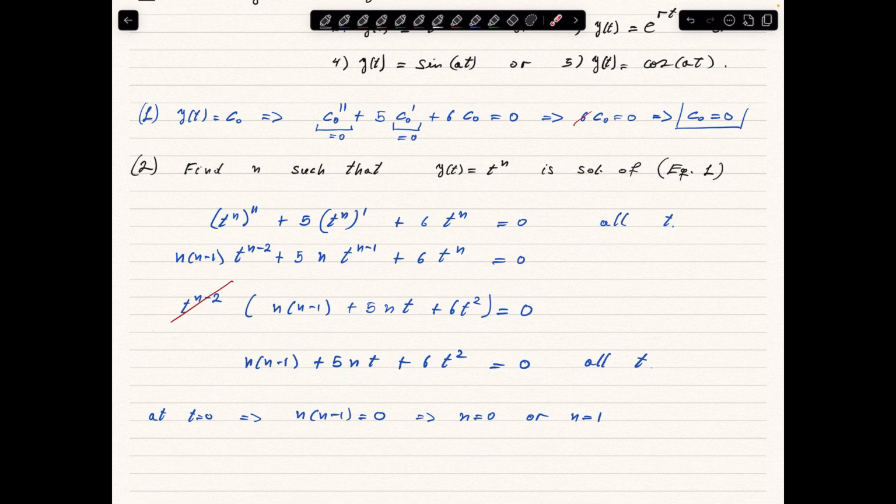But n equals 0 cannot be, because if n is 0, this coefficient is 0, this coefficient is 0, and we get a contradiction. The case n equals 0 tells us that 6t squared has to be 0 for all t. That is not happening. And if we put n equal 1, then what we get from here is that 5t plus 6t squared has to be 0 again for all t, which is not happening.